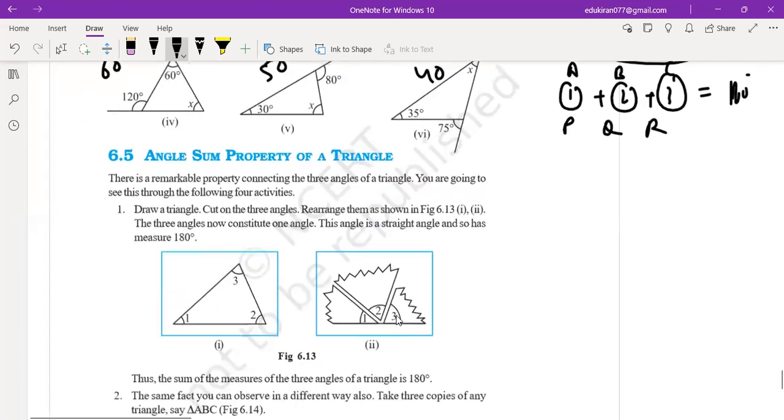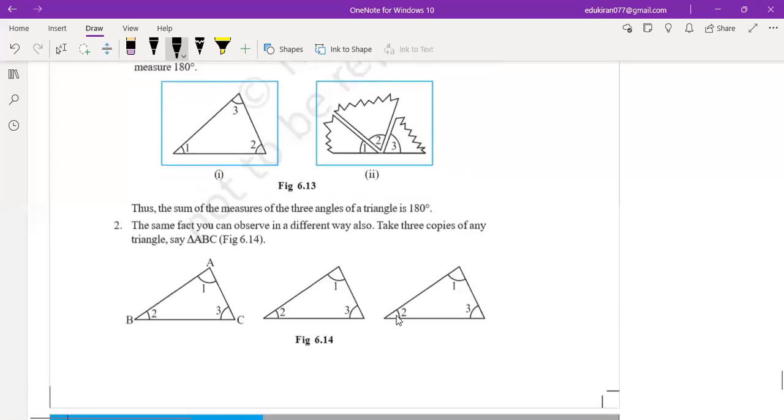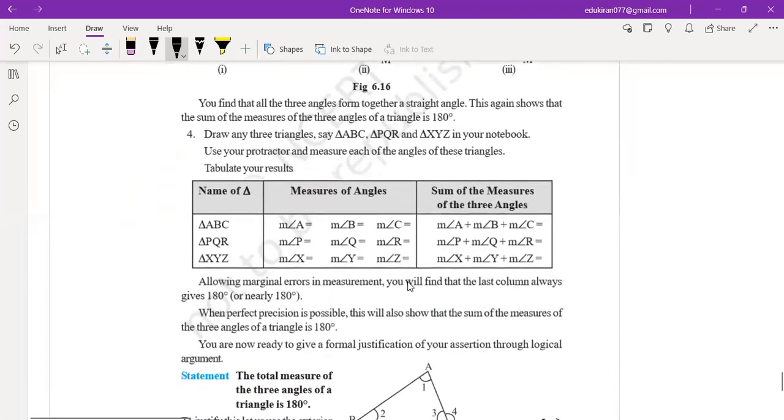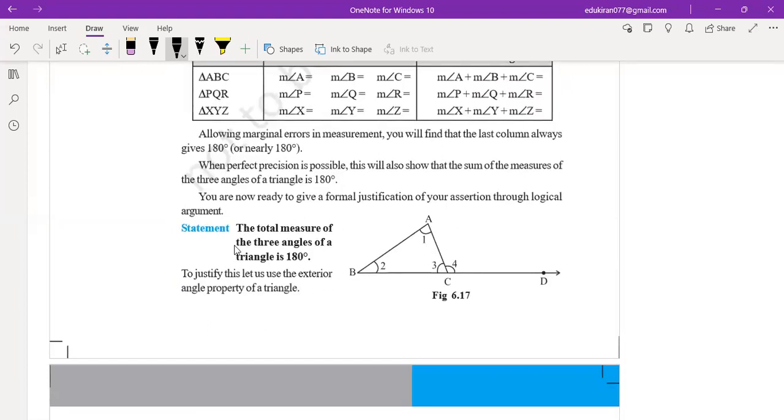Okay. Now let's just move to the next one, which is angle sum property. I have already mentioned it to you. The total measure of the three angles of a triangle is 180.